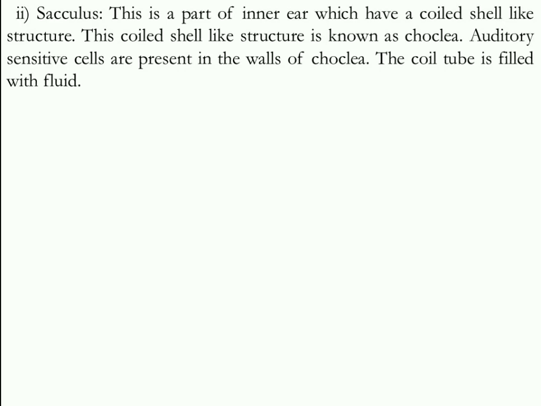This coiled shell-like structure is known as the cochlea. Auditory sensitive cells are present in the walls of the cochlea. The coiled tube is filled with fluid. Earlier we also saw that it is filled with fluid.